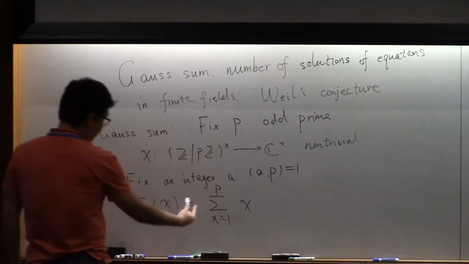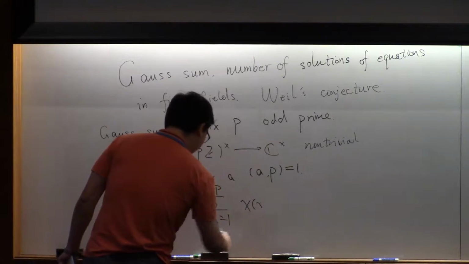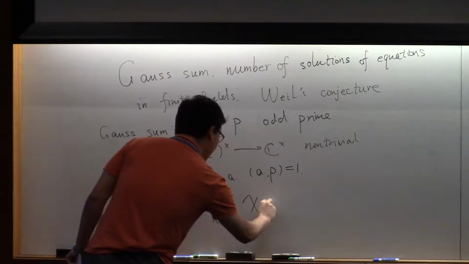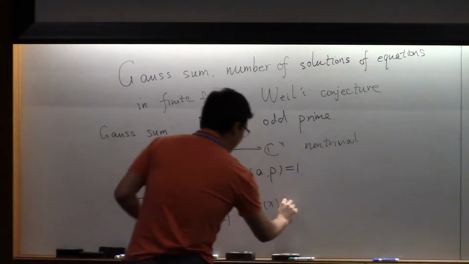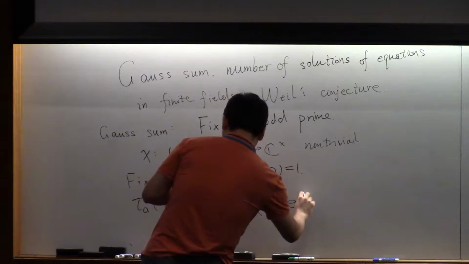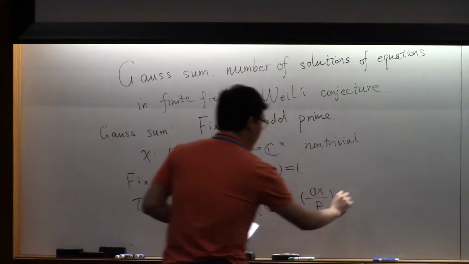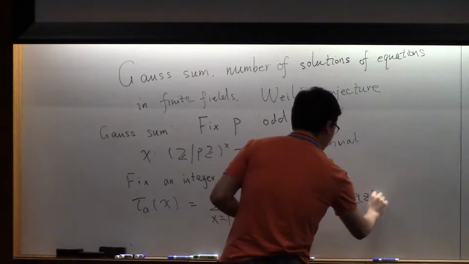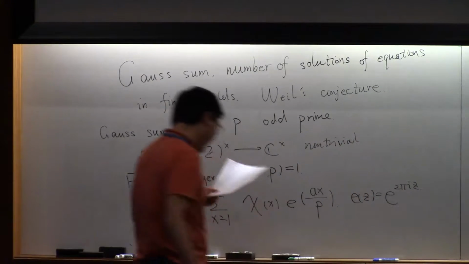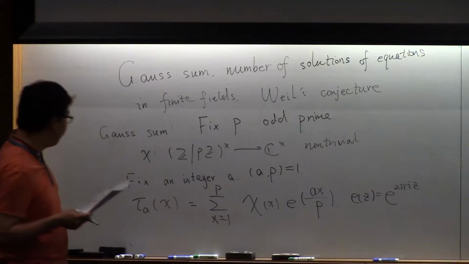For each x, you evaluate the character chi of x, then you multiply by the exponential, where e to the z is the exponential function e to the 2 pi i z. So this is the definition of the Gauss sum.